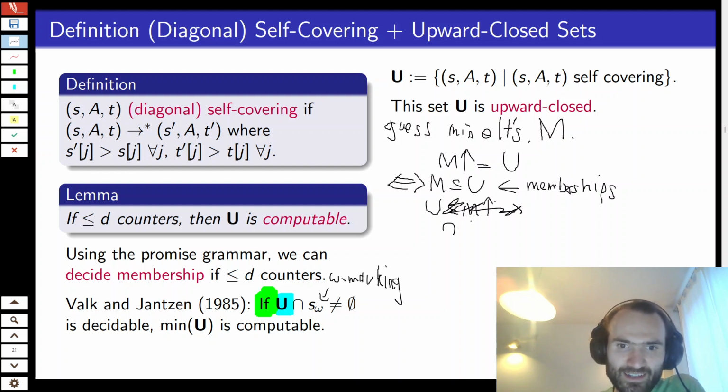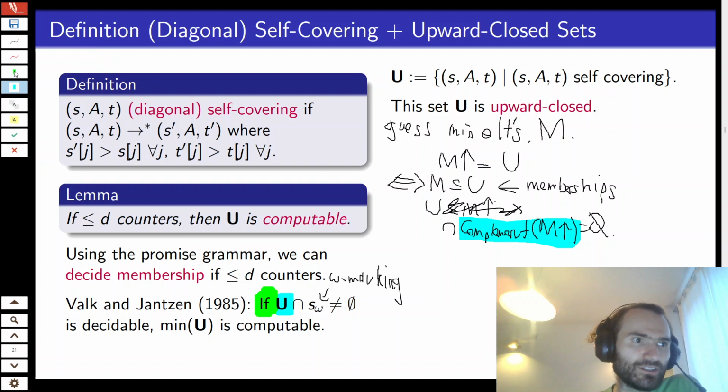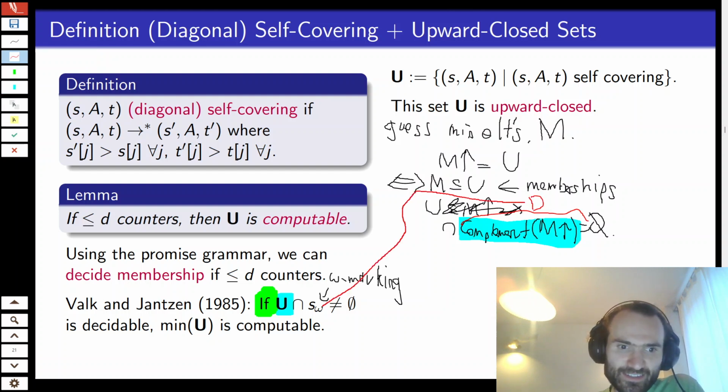We write U intersected with the complement of M upward closure is empty. And now the complement of M upward closure is a downward closed set. This is a downward closed set D. So we can write this downward closed set as a union of omega markings.